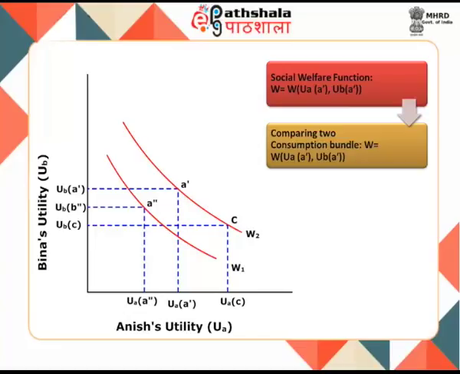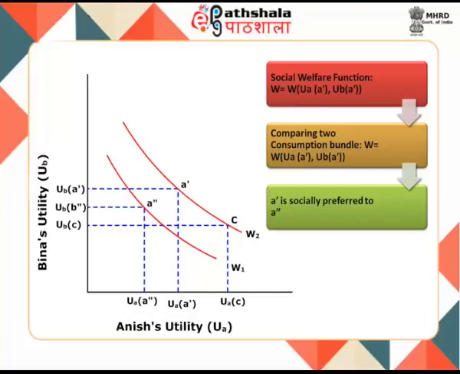If in comparing two consumption bundles A dash and A double dash, utility of all the individuals is greater at point A dash as compared to A double dash, we may write W(U1(A dash) till Un(A dash)) is greater than W(U1(A double dash) till Un(A double dash)). Then we can say that A dash is socially preferred to A double dash, where W is Bergson-Samuelson social welfare function.